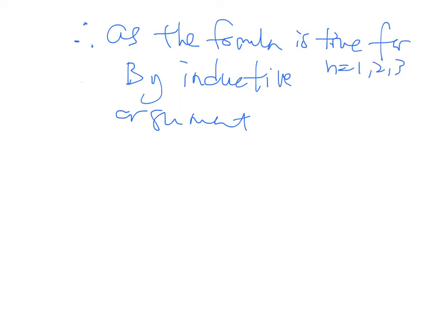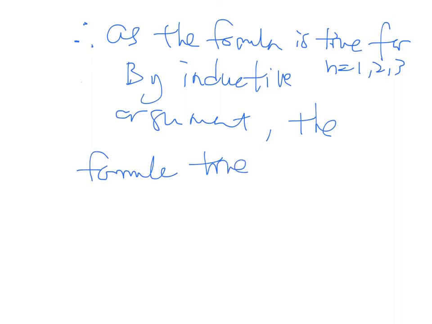So you didn't prove the fourth one, but it doesn't matter. Because it's true for 1, 2, 3, and there's a way for you to actually prove the next one using the previous results, you say that by inductive argument, the formula is true.